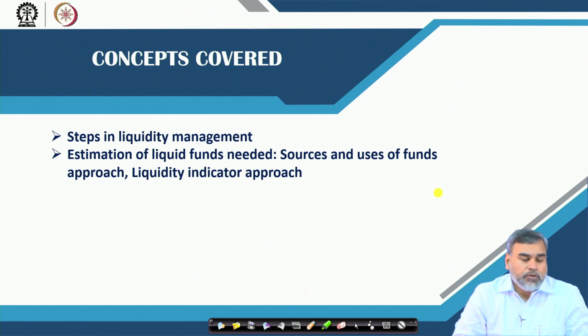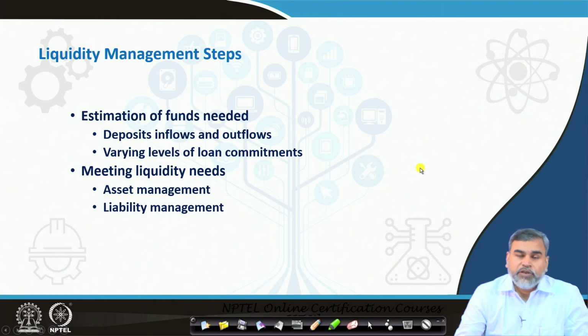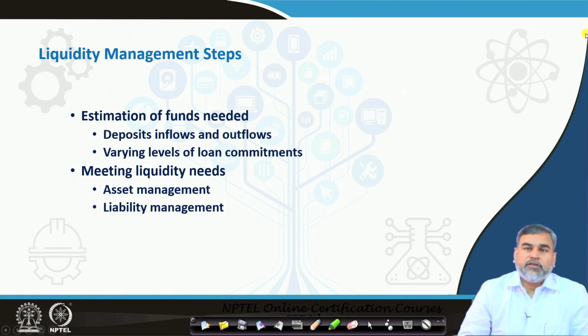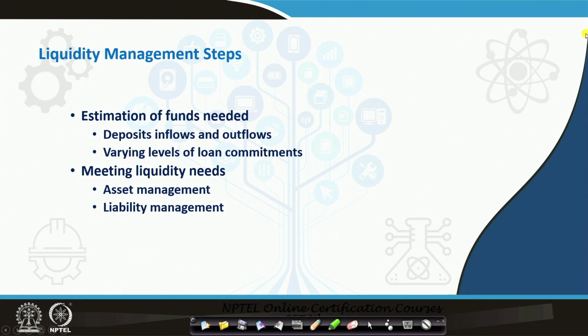So, first of all, whenever we talk about the steps in liquidity management, what do we mean by this? The liquidity management has 2 steps. Whenever the commercial banks manage the liquidity, they follow basically 2 steps. One is the estimate of the funds, how much funds are needed to manage their liquidity position.